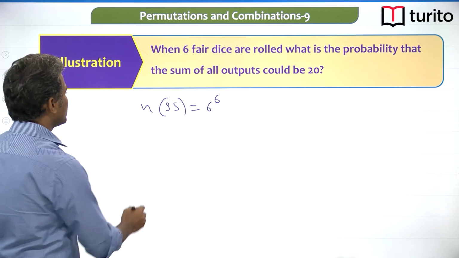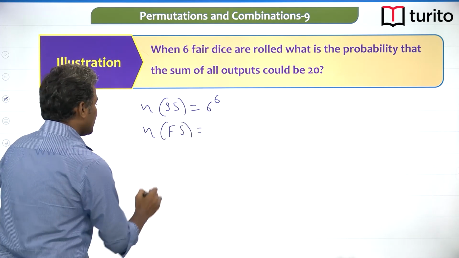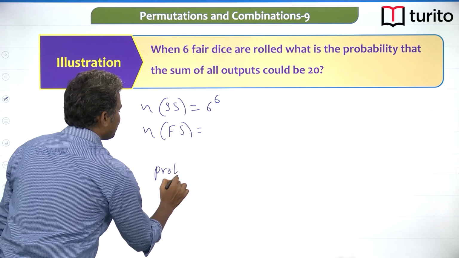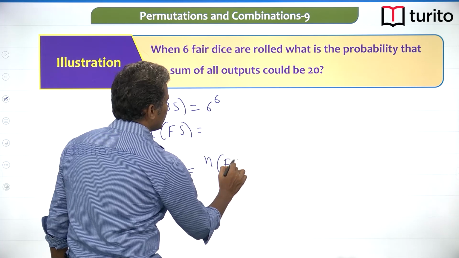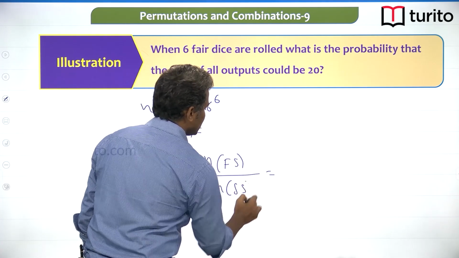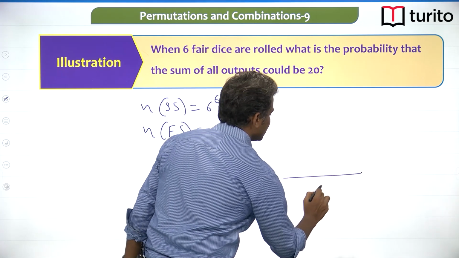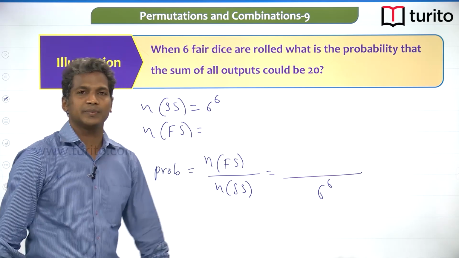Now, our goal is to calculate the favorable space, okay, and the probability is going to be equal to the total number of elements in the favorable space divided by the total number of elements in the sample space. The sample space is anyway going to be 6 raised to 6. We only have to calculate the favorable space.